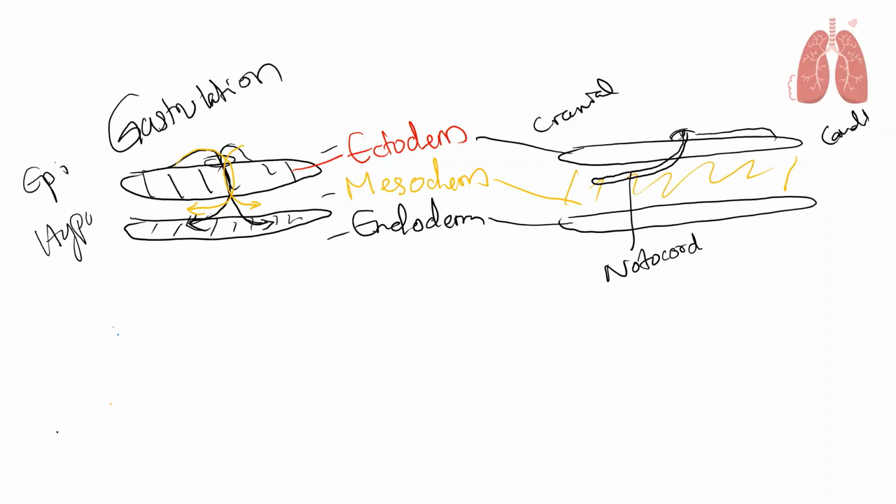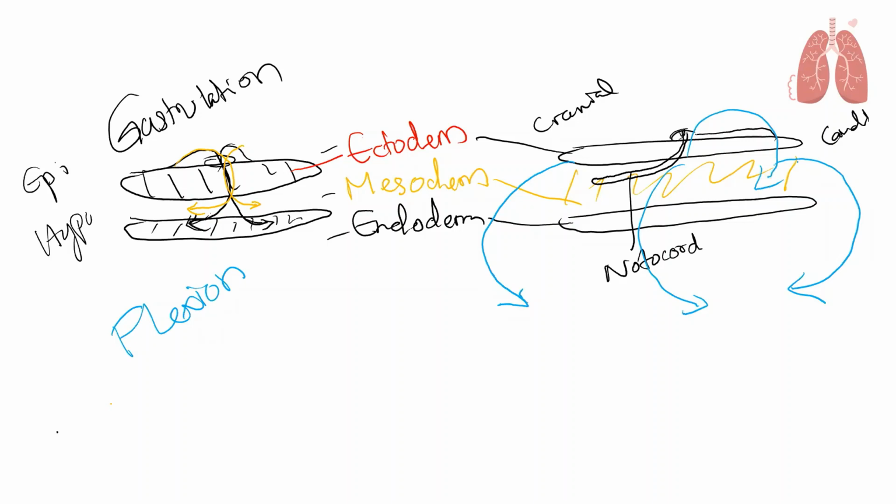This flexion happens in two directions: the craniocaudal direction and the lateral direction. Cranial flexion occurs, from the caudal side caudal flexion occurs, and from the two lateral sides lateral flexion occurs.